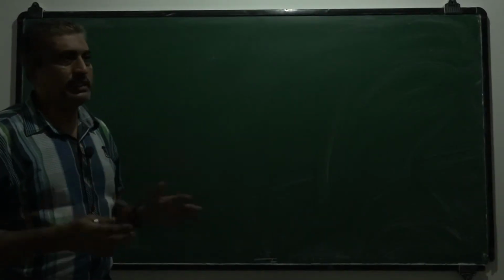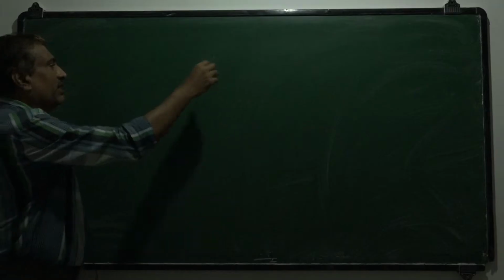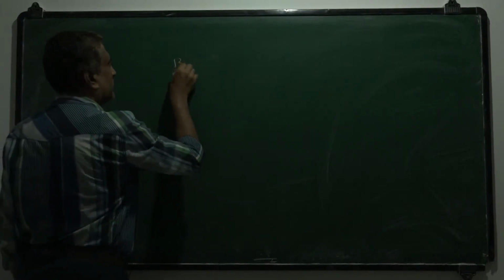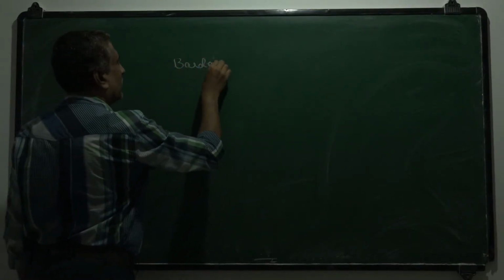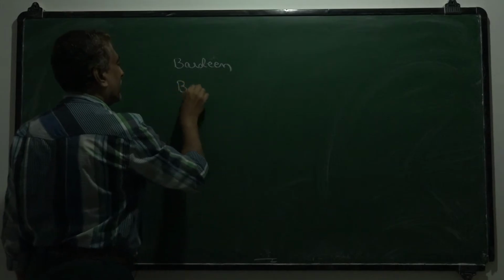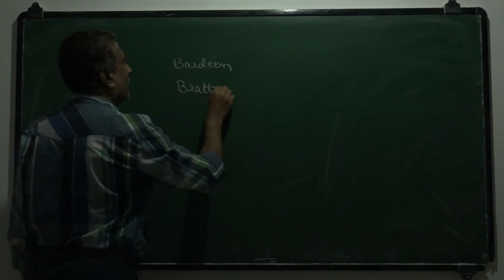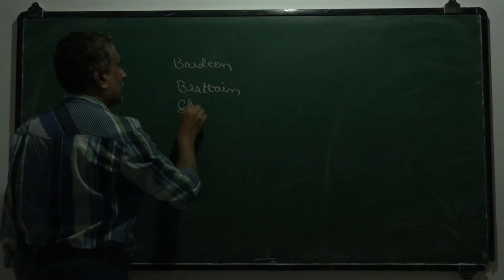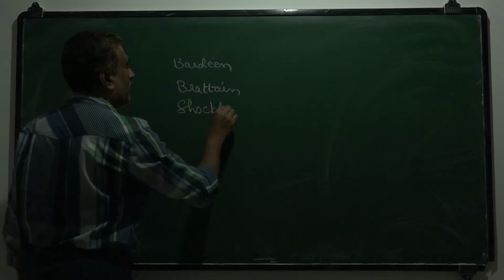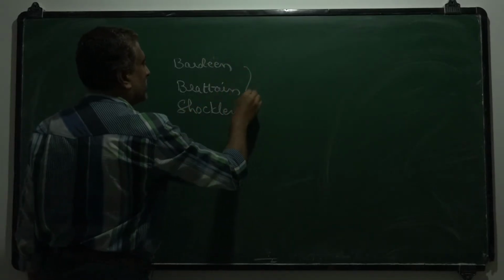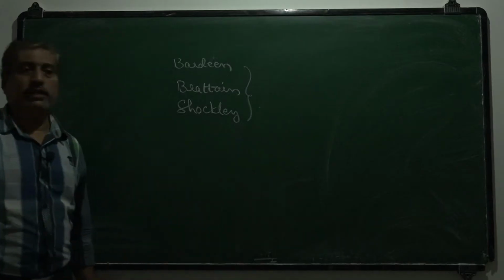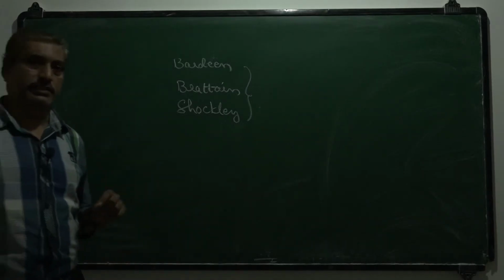This transistor was first invented by three scientists: Bardeen, Brattain and Shockley. So these three scientists invented the transistor.